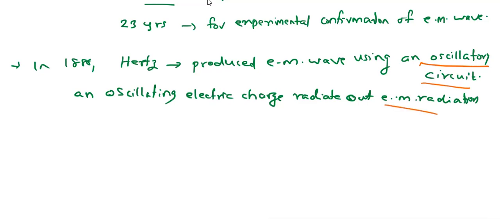I think those things will be familiar to you because you might have heard about the tank circuit, that the tank circuit produces an oscillatory wave, and I'm not going to talk about all those things in this lecture. Today our interest is to derive the wave equation for the electric and magnetic field.